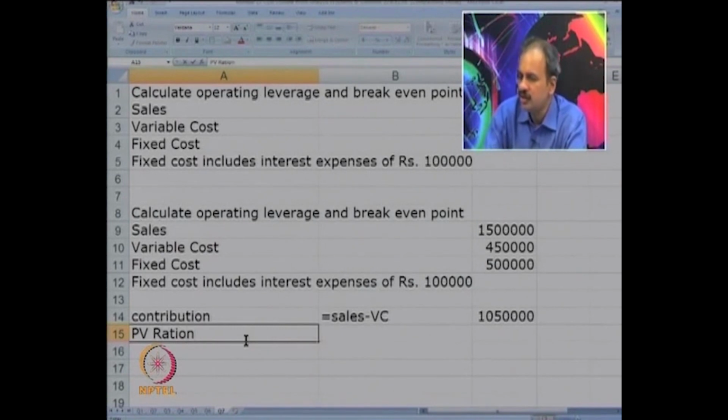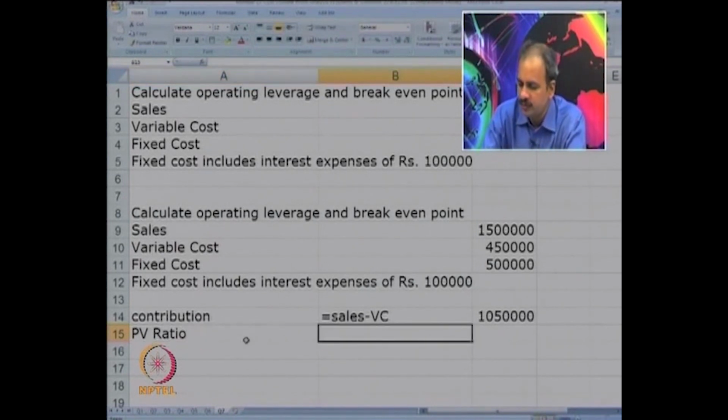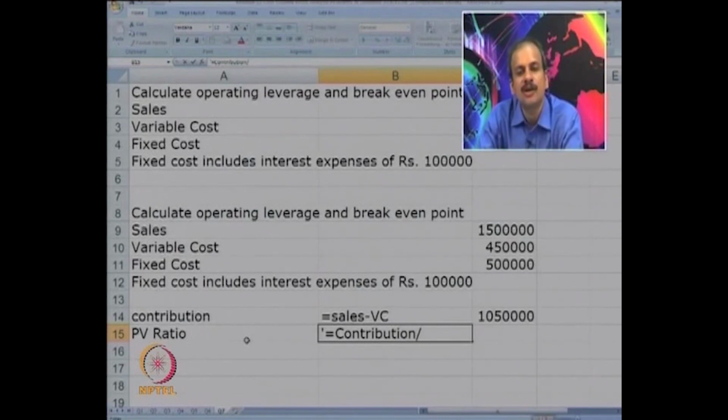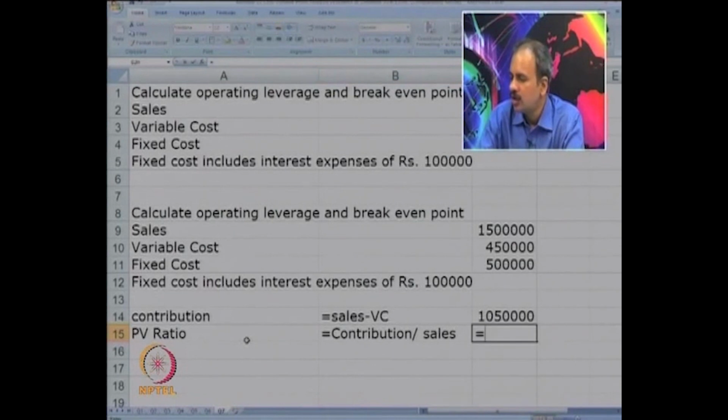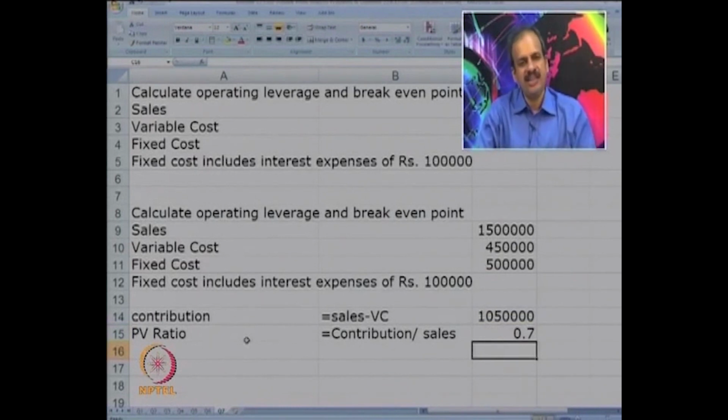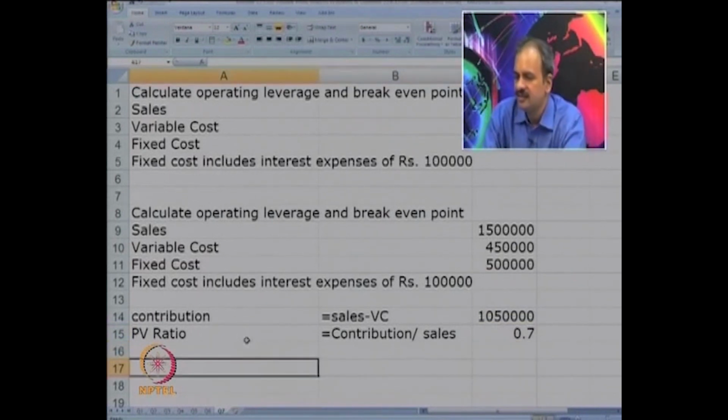From contribution go for PV ratio. PV ratio you know is contribution upon sales. So contribution margin in relation to sales is 0.70 or 70%.